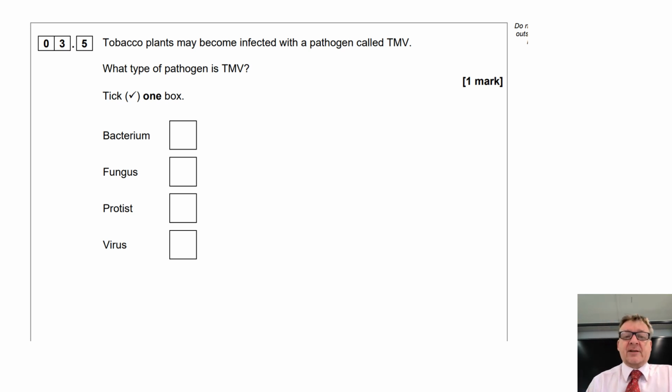Tobacco plants may become infected with a pathogen called TMV. I honestly cannot remember what TMV stands for. What type of pathogen is TMV? Right, it's a tobacco plant.